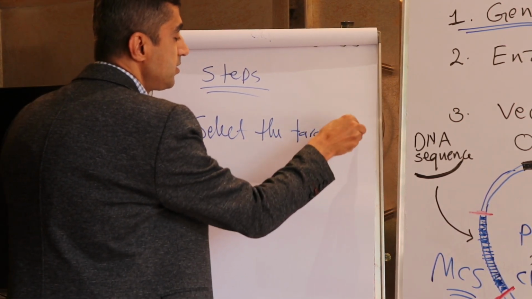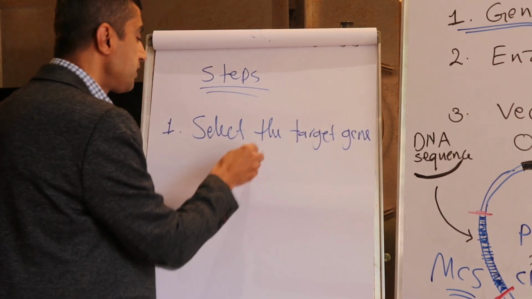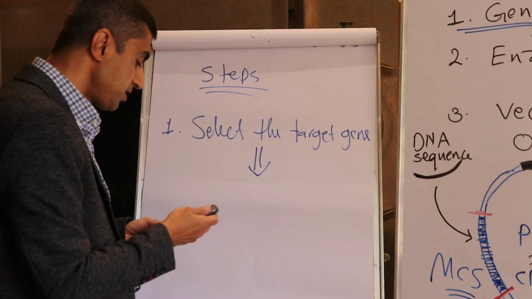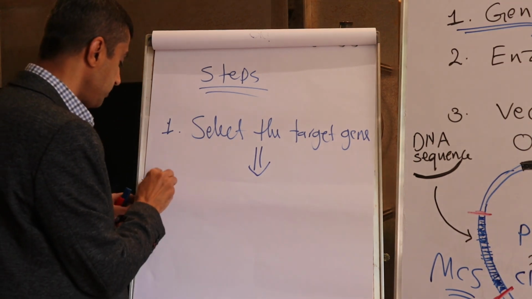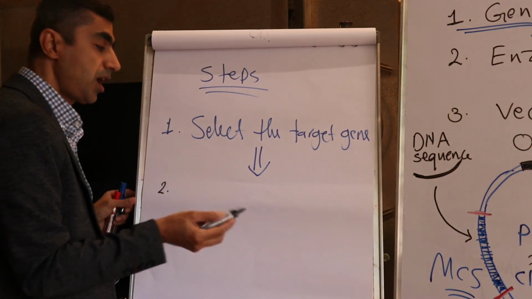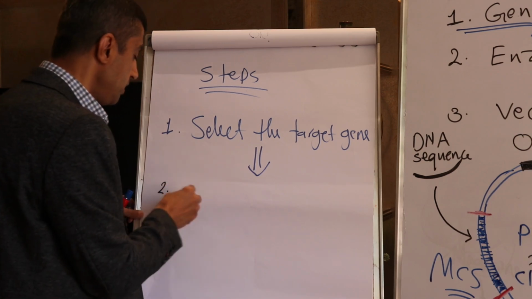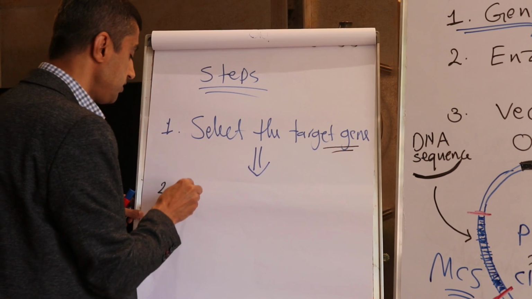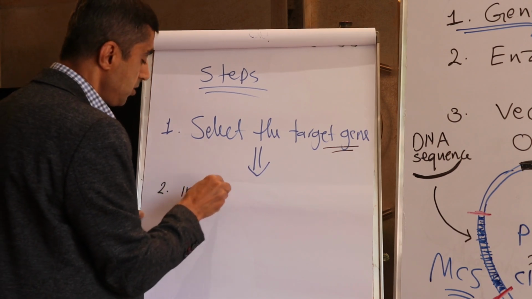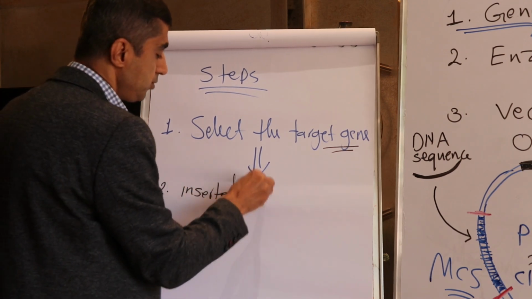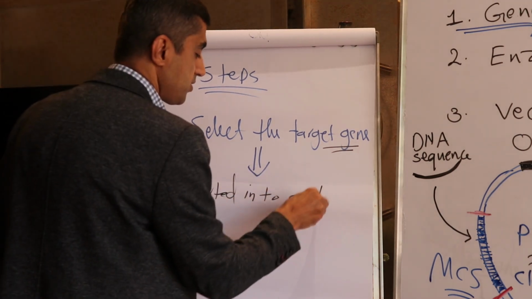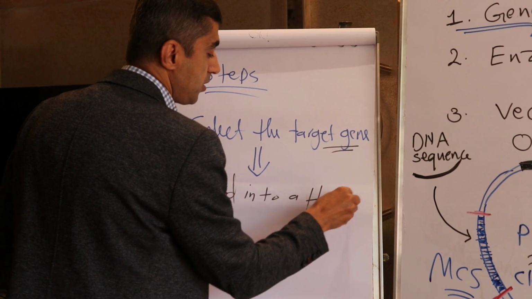After selection of the target gene, you have to increase the number of targeted genes. How can you increase the number of targeted genes? By inserting it into a host cell.